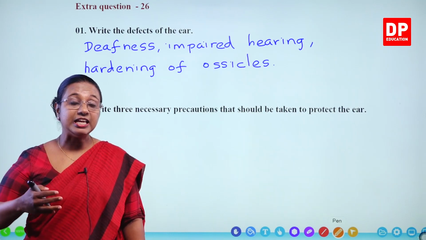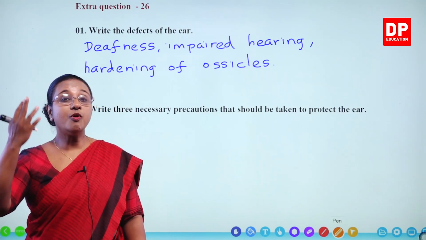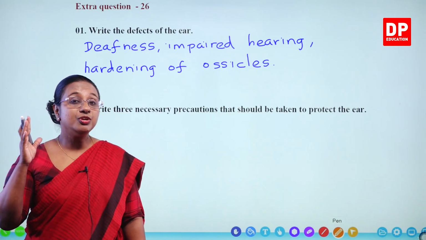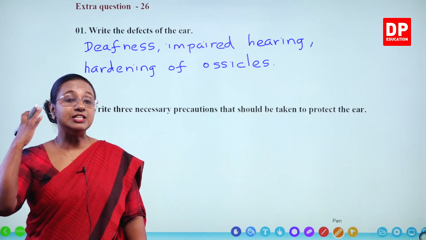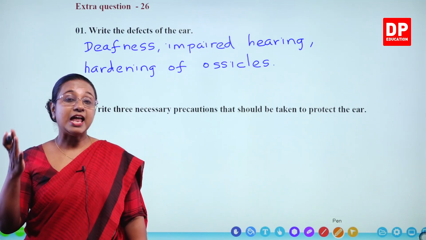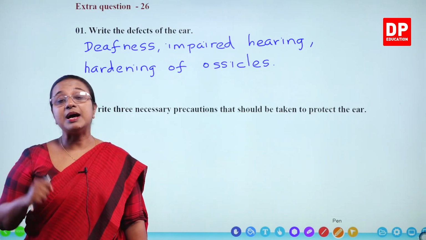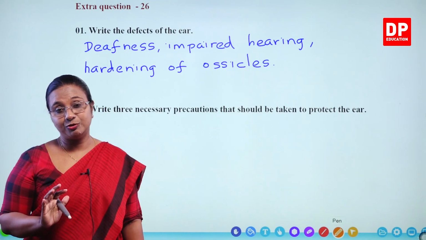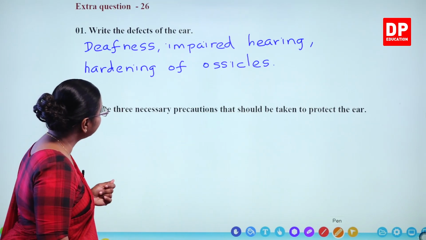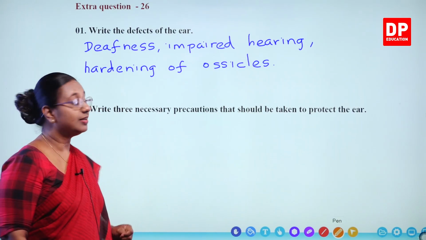And you should take enough precaution or proper safety gear before diving. And also you should avoid listening to very loud music for a long period of time. And also you should avoid slapping on the ear or pulling by the earlobe. All these have to be avoided. So you can write any 3 necessary precautions that should be taken to protect the ear.